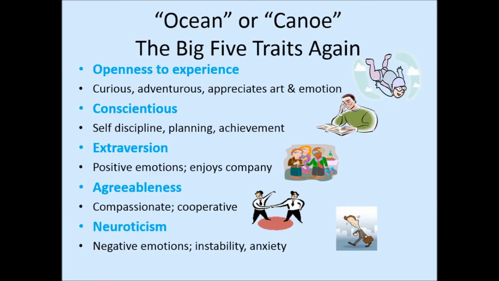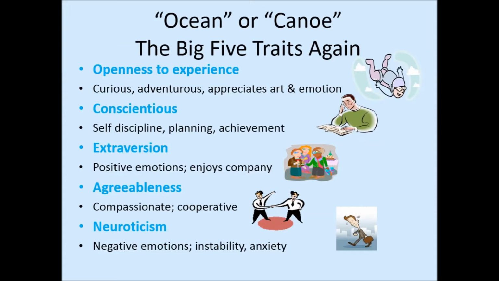Selecting the word OCEAN as our acronym, going to the letter O, we see that the first factor is openness to experience. These folks like to do new things. They're curious and adventurous in many ways, both exploring the environment and things of the mind as well. C, conscientiousness, not consciousness. Conscientiousness means they follow through on responsibilities they undertake.